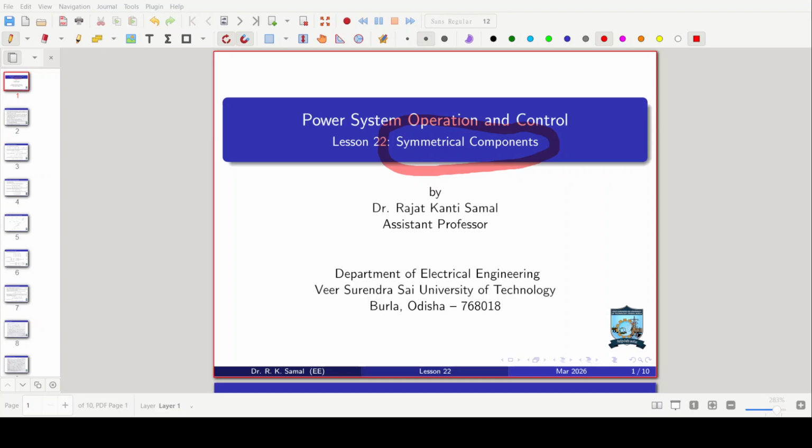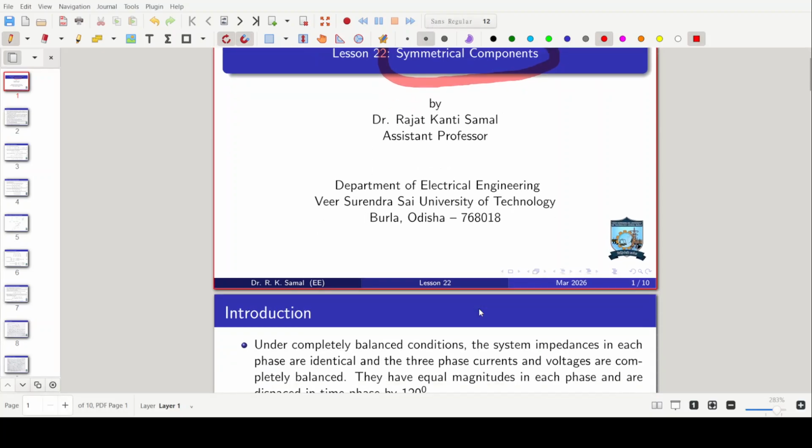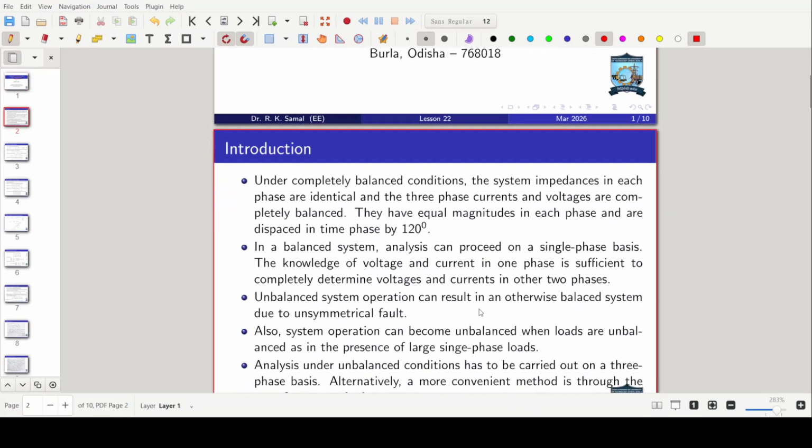But in case of unsymmetrical faults, this single phase analysis is not possible, and therefore we need to find other approaches. And one such approach is using the method of symmetrical components to develop sequence networks. Okay. So first in lesson 22 we will discuss what are symmetrical components.